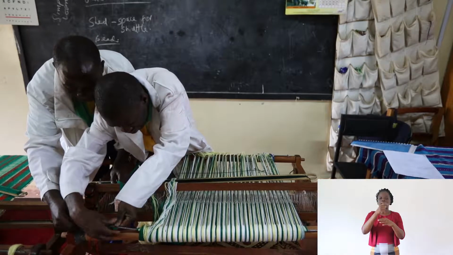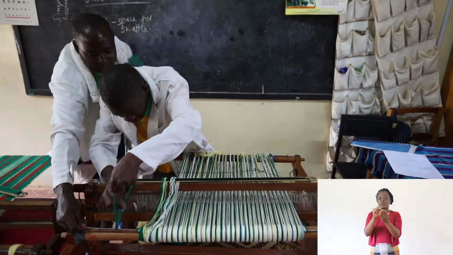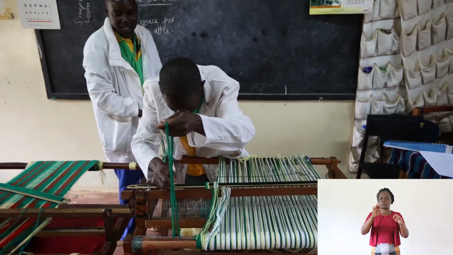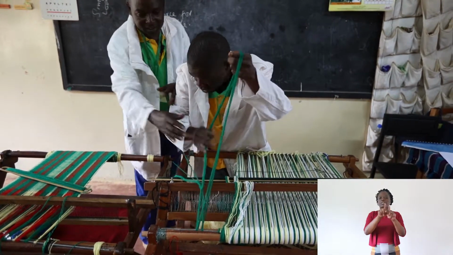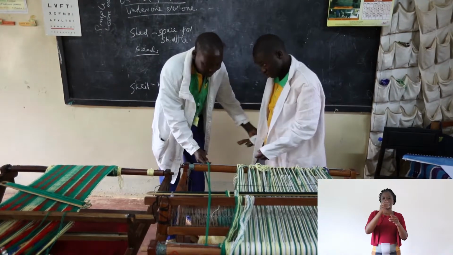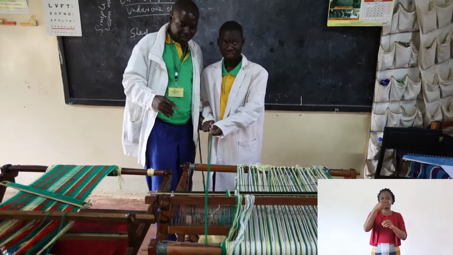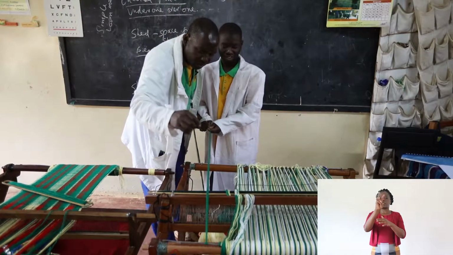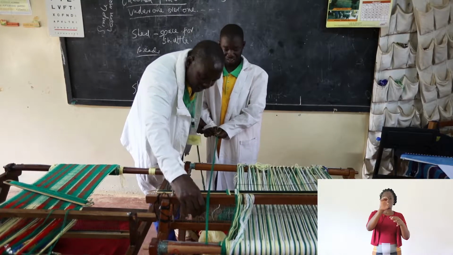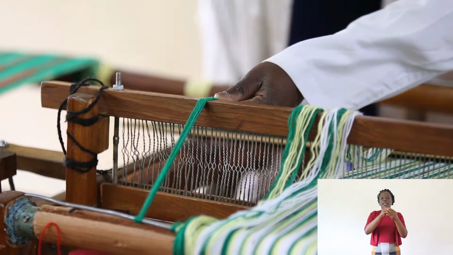The intervener guides the learner in loading the warps correctly through the handle on the loom, setting the warps to correct tension, loading the weft threads on the shuttle, arranging the warps by pushing the handle up and down to create the shed, passing the shuttle loaded with weft thread through the shed, and compacting the wefts by pulling forward the handle and back again. This creates a checked pattern on the item.